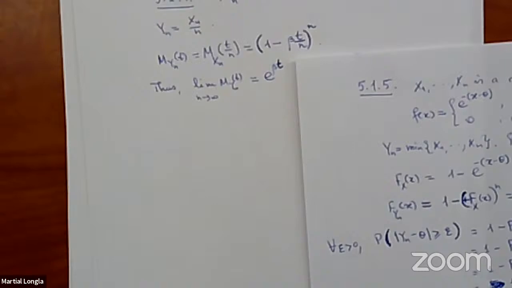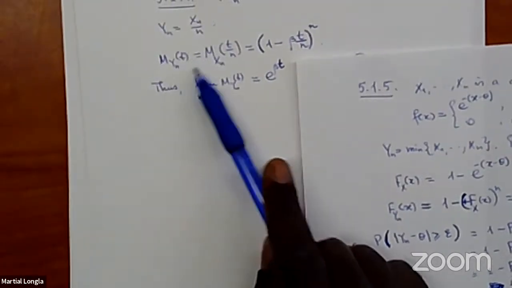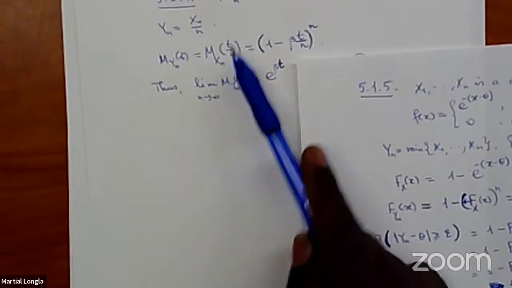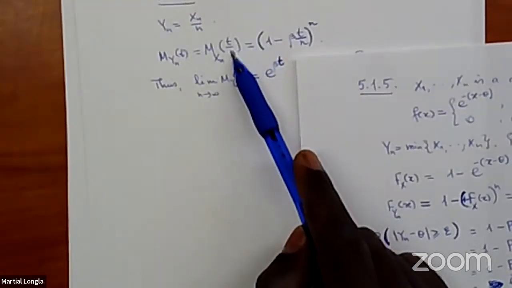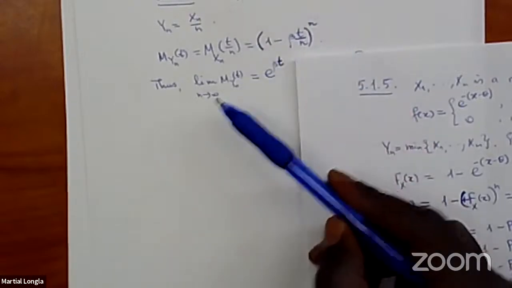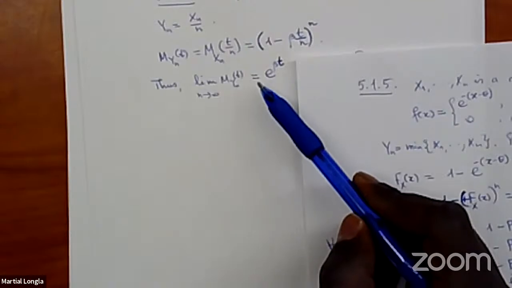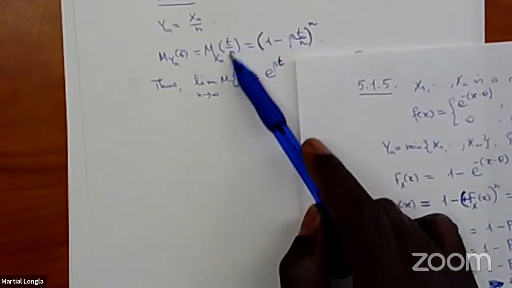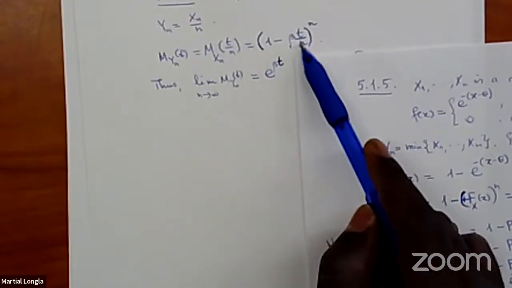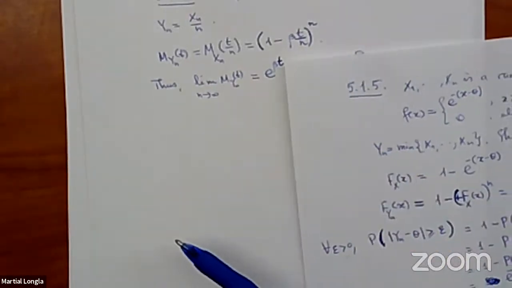So you have to find the moment generating function of this random variable. That is equal to the moment generating function of Xn at the point t over n. We know the moment generating function of Xn is 1 minus beta t raised to the power alpha. Then we replace t by t over n, so we get 1 minus beta t over n raised to the power n, and we take the limit.